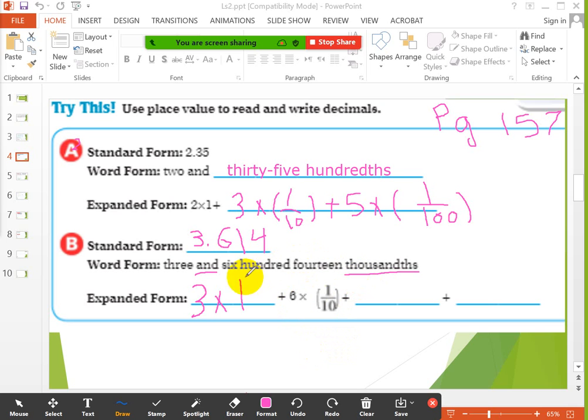So now, what about the 1? 1 in the hundreds digit. The value of the hundreds digit will be the number 1 multiplied by 1 over 100.